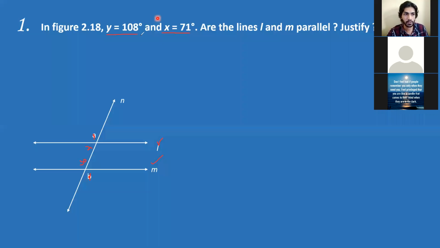We have the values of X and Y. And I'll give you a hint: think about the interior angles test. So we can solve it accordingly. Okay. So just to be clear, this is angle X over here, and this is angle Y. I forgot to save the PPT after editing it, so because of that, this is happening. Just bear with me this time.